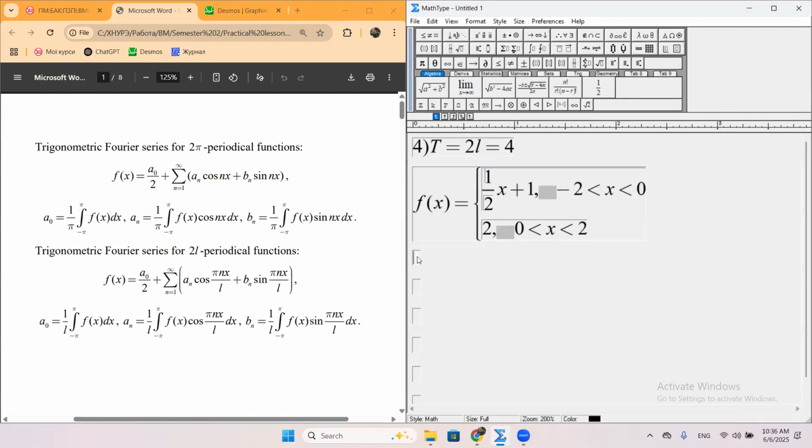So now let's calculate Fourier coefficients for this function. So A0 equals 1 over 2 integral from -2 to 2 f of x dx.